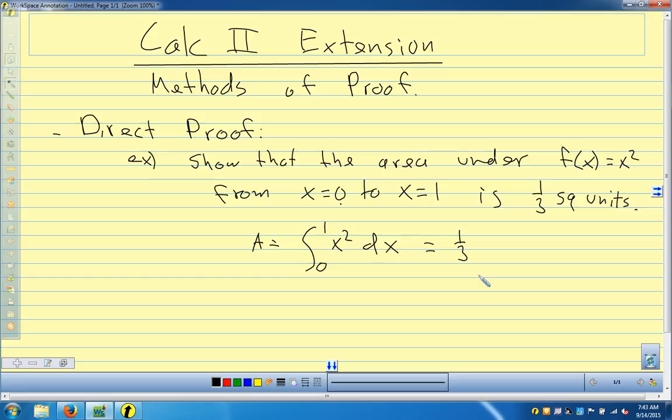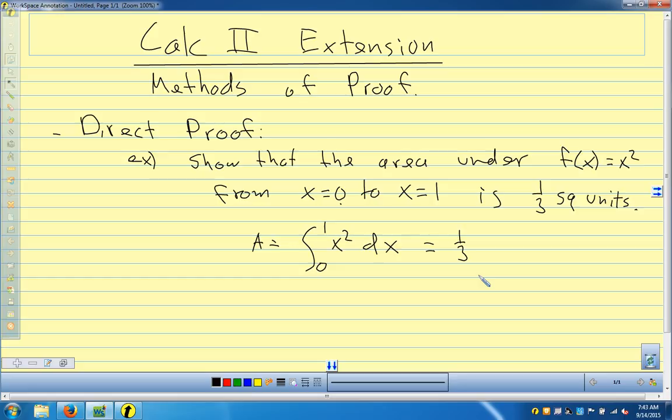We had one. No, the one we did the other day was just to find the centroid. But we will see problems that say show that some property of this thing is such and such, and you're just using your formula to come up with the answer. So that's the most basic kind of direct proof.